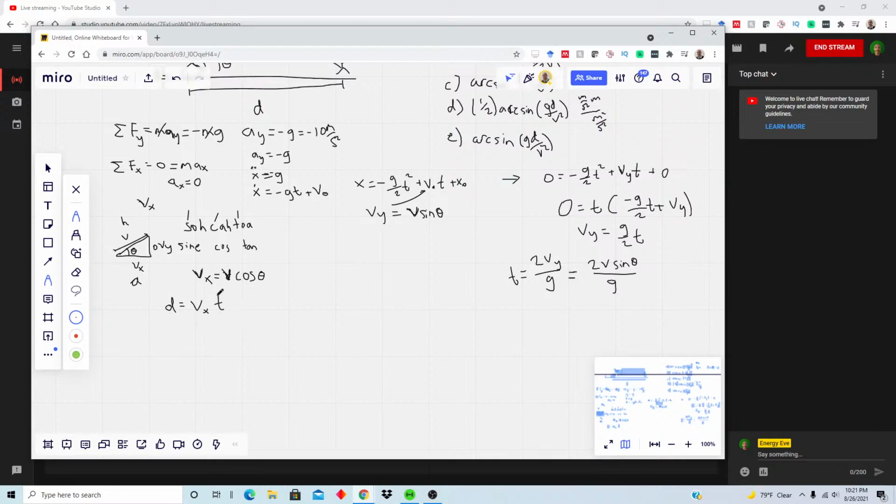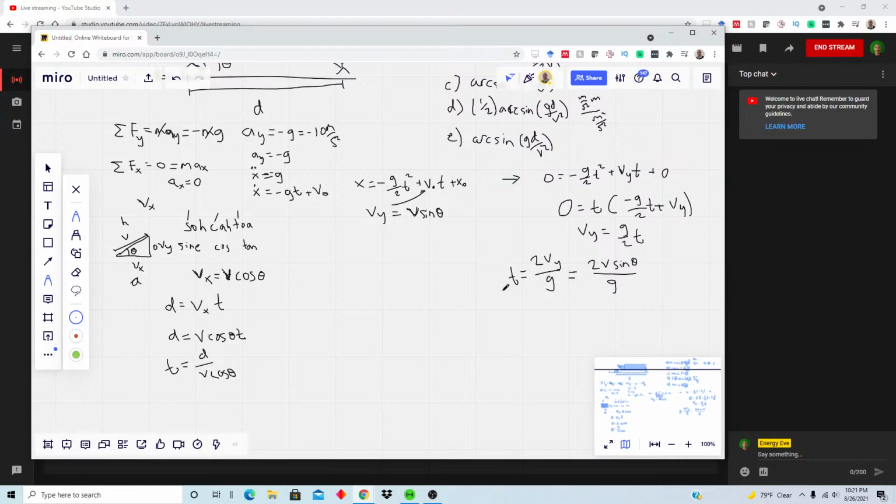So when we look at this t, we solve for this t. We also get d is equal to V cosine theta times t, and then we could say t is equal to d over V cosine theta.